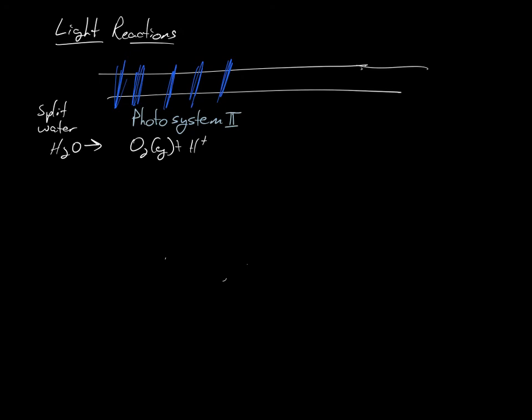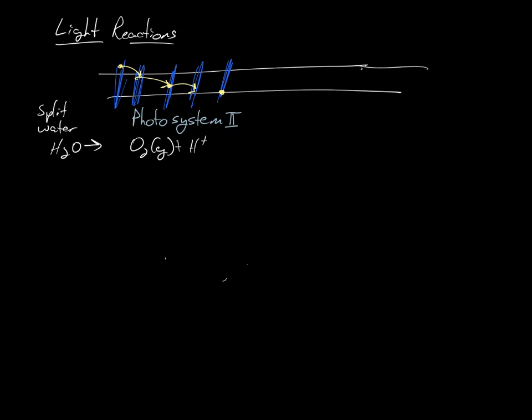Photosystem 2 comes first, and what we did is we took those electrons and moved them from high energy, and they just kind of dropped down. They got lower every time, and the electron finally ended up at the end of photosystem 2.